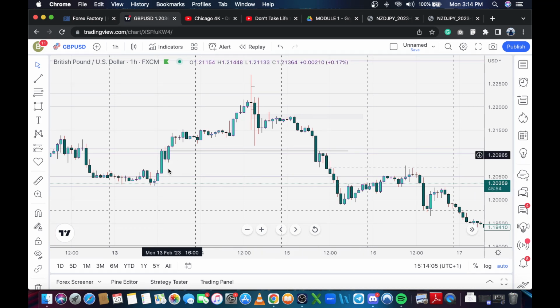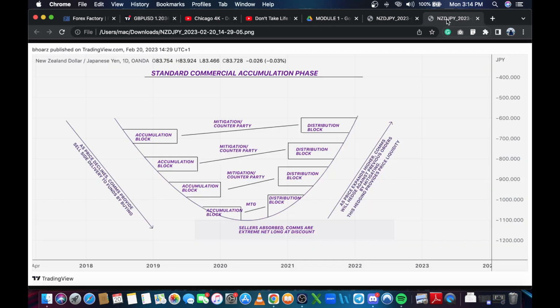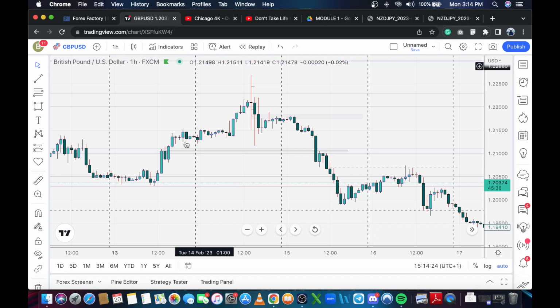So it becomes an area for distribution. So this is a lower time frame market maker model. See? So this is going to be a market maker or a commercial distribution phase, not a commercial accumulation phase. We're going from shorts to longs. In this example, we're going from longs to shorts.